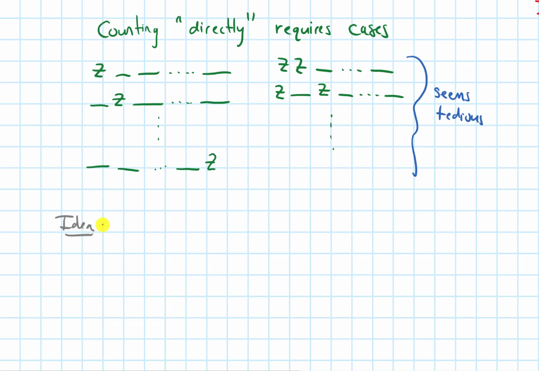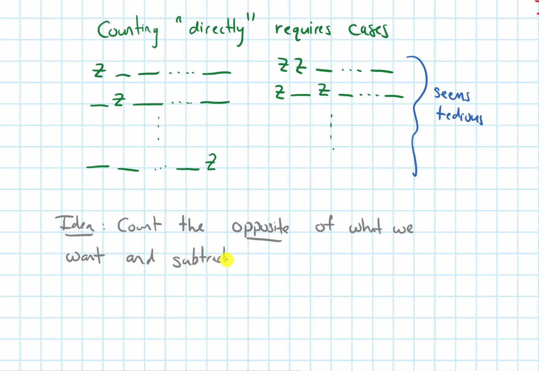So our idea is going to be, what if we count the opposite of what we want and subtract that from the total number of passwords. And by opposite, we mean the complement.